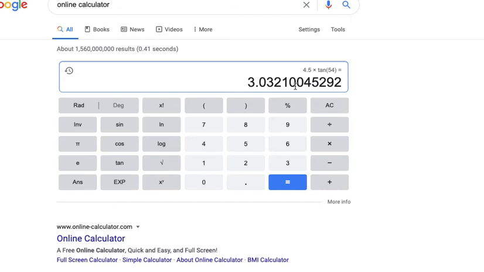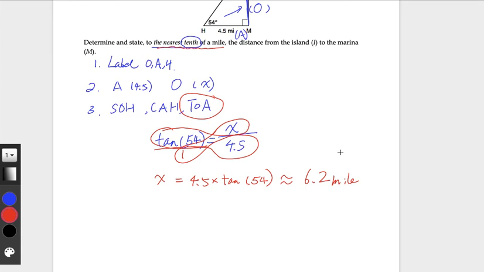But it's actually a wrong answer here. So sometimes it's very tricky. Please make sure your degree is chosen, and then you can get the correct answer here.